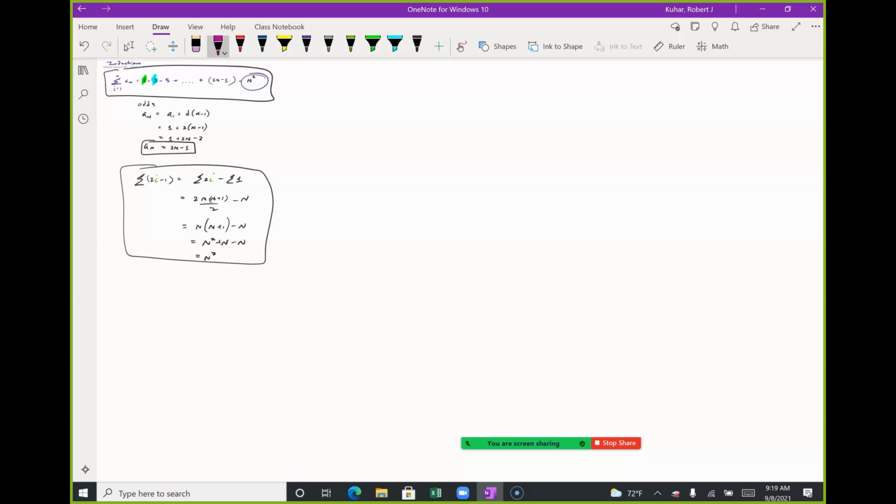So here we go. Proof by induction, right? Let n equal 1.